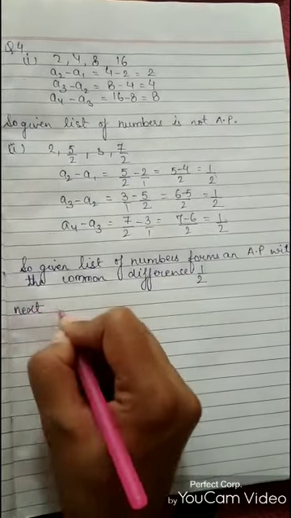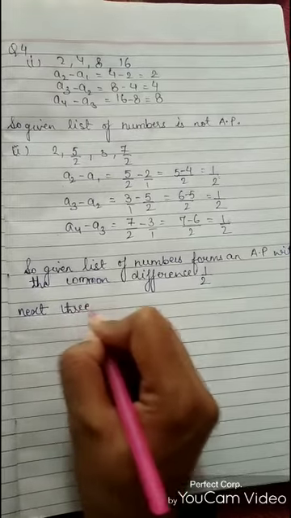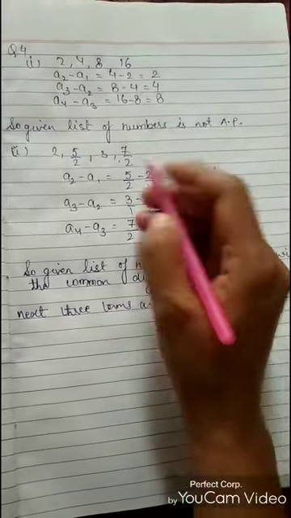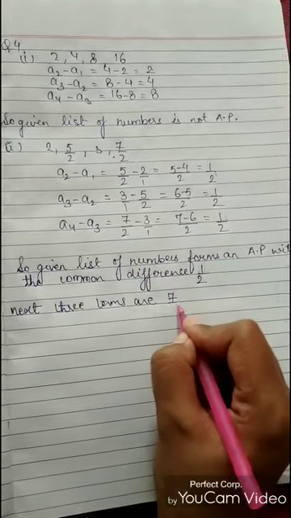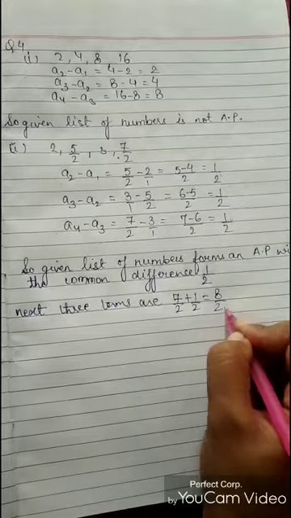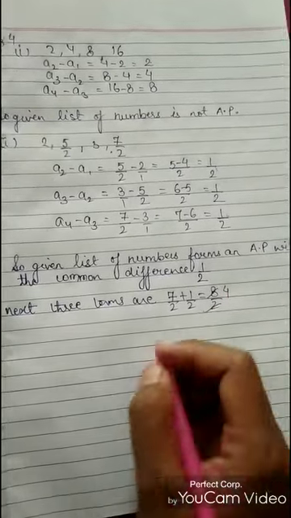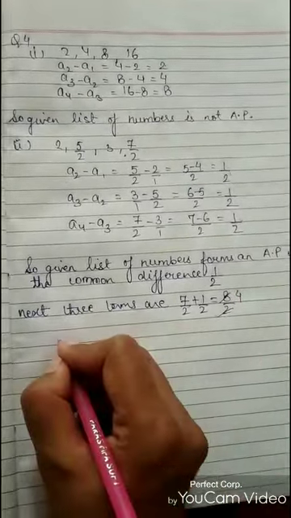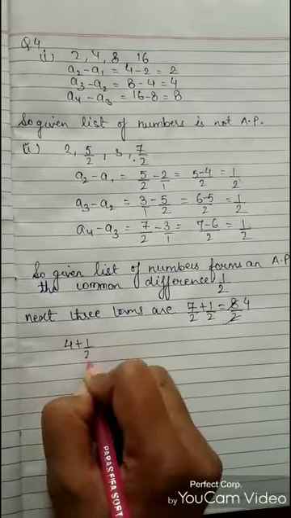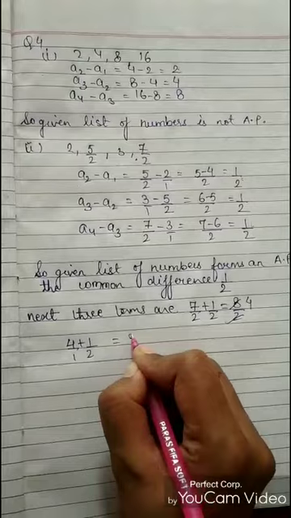So now we have to find the next term. Next 3 terms are, what was the last term? 7 upon 2. So we will add 7 upon 2 with 1 upon 2. You will get 8 upon 2. That means it is 4. Next 4 plus 1 upon 2. Take the LCM, you will get 8 plus 1 upon 2.